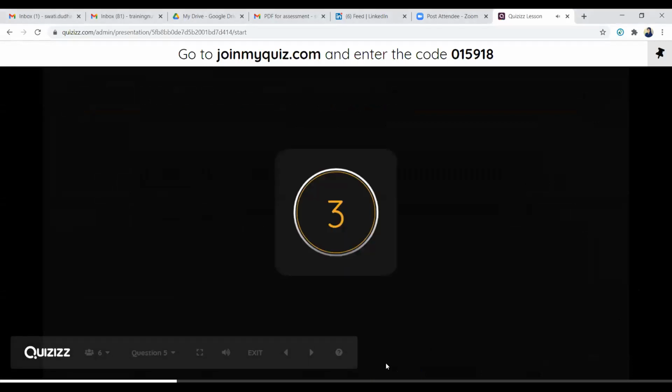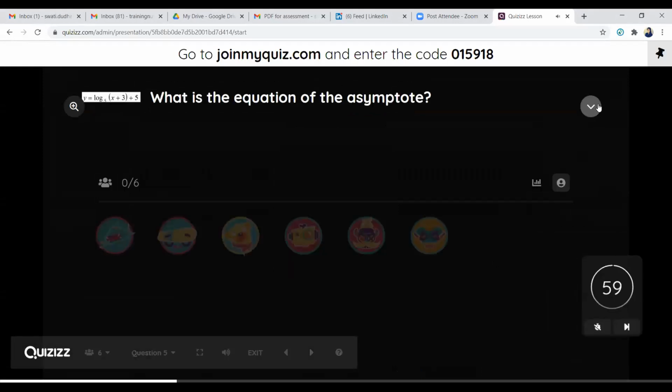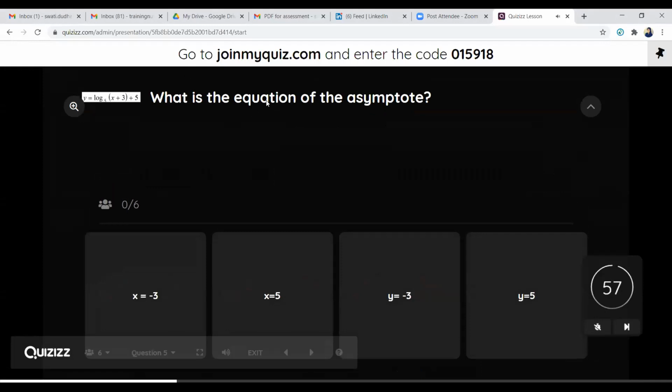Next up we have: what is the equation of the asymptote? So if you are aware of what an asymptote is, please answer.